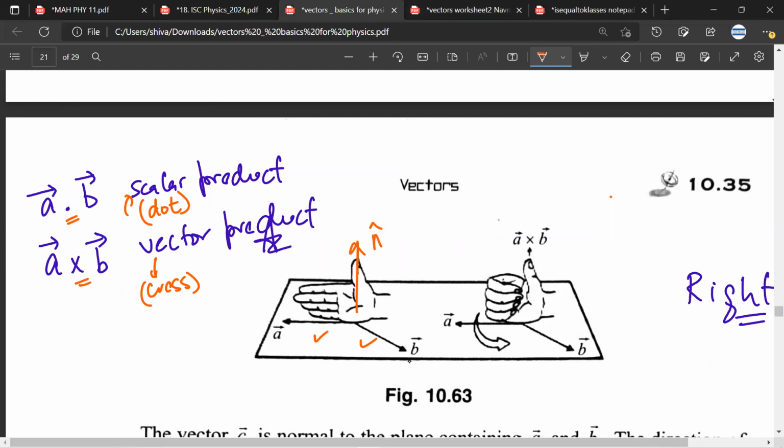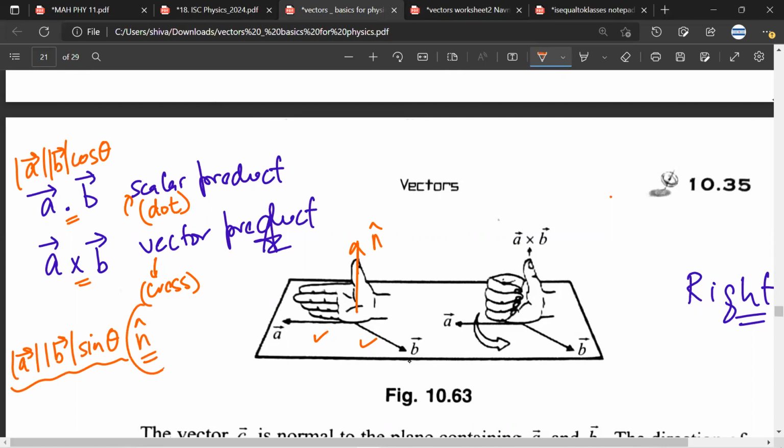Am I clear? So the dot product is equal to A B cos theta. That is it. No direction, just a number. And the cross product is equal to A B sine theta, which would be a number, but then it is multiplied by a unit vector. The direction of the unit vector is given by this thumb rule. Am I clear, Avantika?